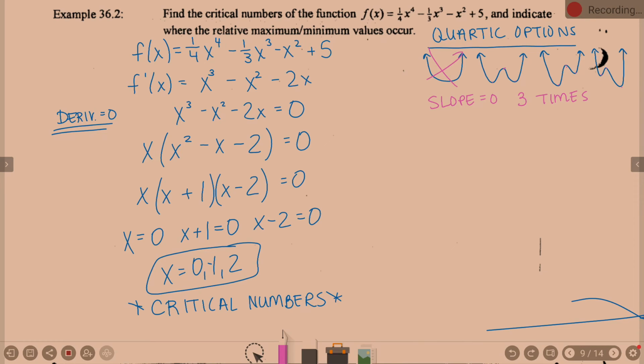I'm trying to think, does that max have to be the highest value there? Maybe the max would have to be in between the two other y values, because that's how I was thinking.